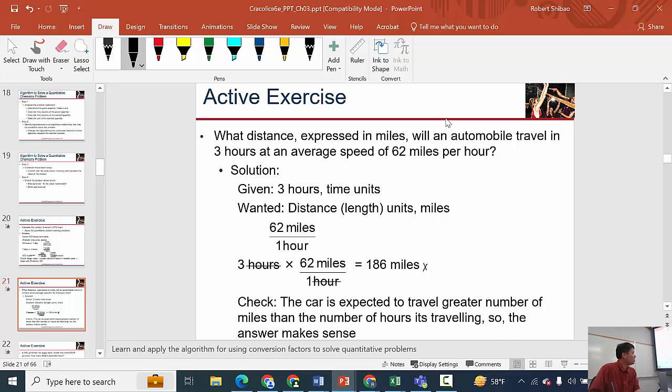This is my dimensional analysis algorithm. I need to get rid of miles. But where can I go from miles? Can I go from miles to kilometers? Do you have it memorized? I know it's less than 1.